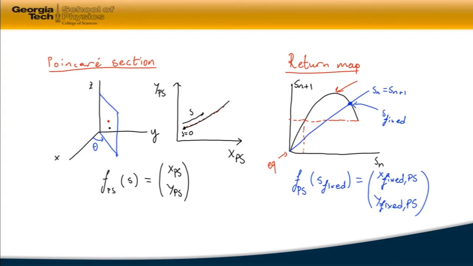In order to find a guess for the period, we are going to integrate this point such that it intersects the Poincare section one more time. And the time it takes to intersect again is going to be our guess for the period.